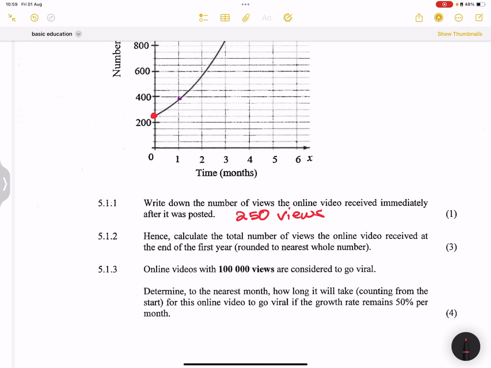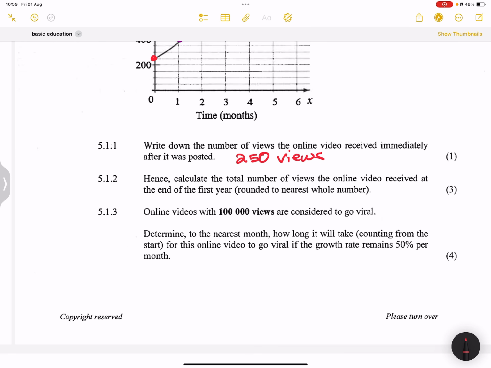Okay, in this case, remember that we had y equals 250 into (1 plus 0.5) to the exponent of x. Now remember x would be the number of months. So I wanted to go viral, meaning that I wanted to reach 100,000.